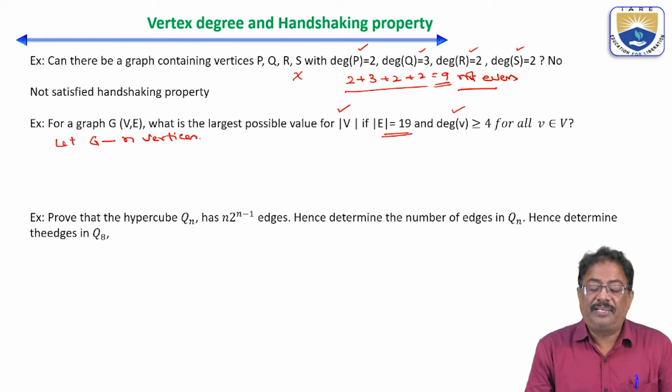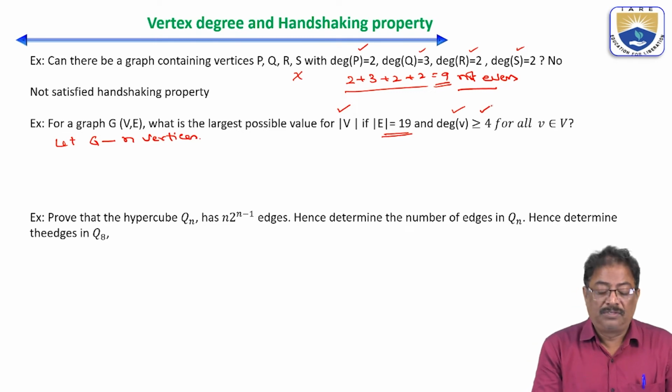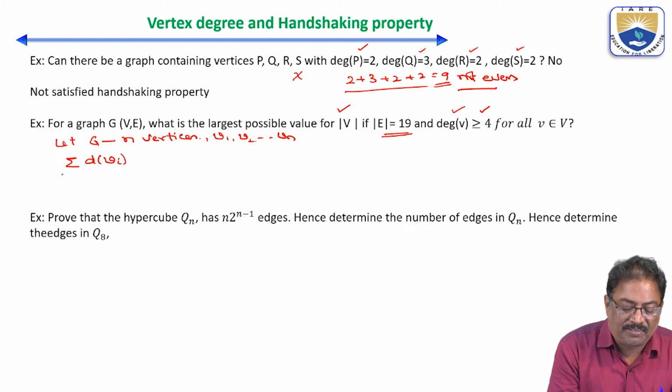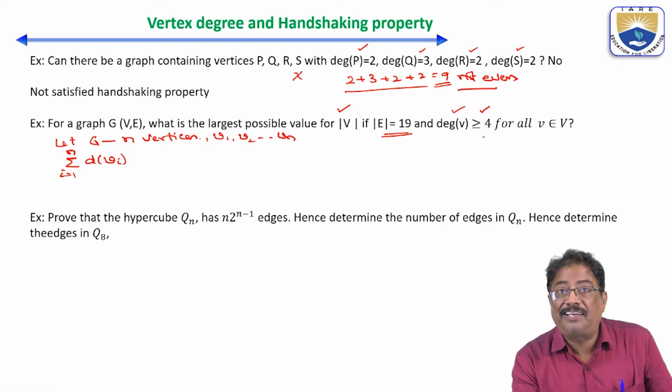It is given that each and every vertex degree is greater than or equal to 4. Then what is the sum of the degrees of all vertices? There are n vertices, let them be V1, V2 and so on up to Vn. The sum of the degrees of all vertices, i equals 1 to n. Each vertex degree is at least 4.